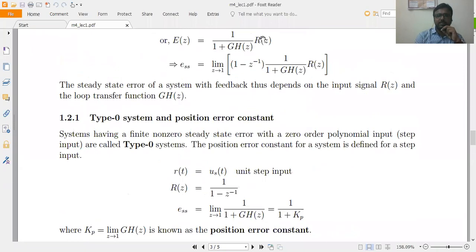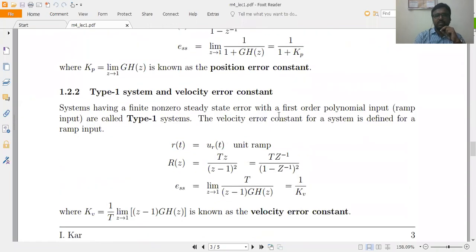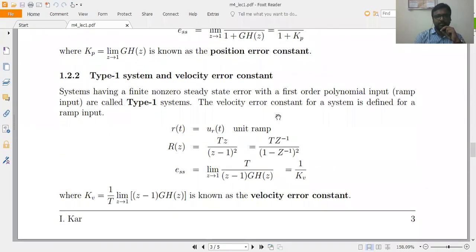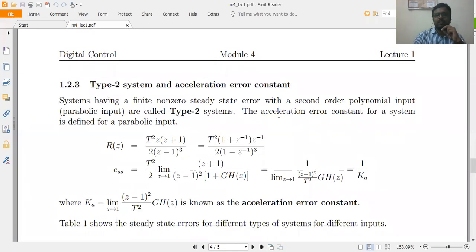The first one is the position error constant, the second one is the velocity error constant, and the third one is the acceleration error constant, which is also called the type 2 system.